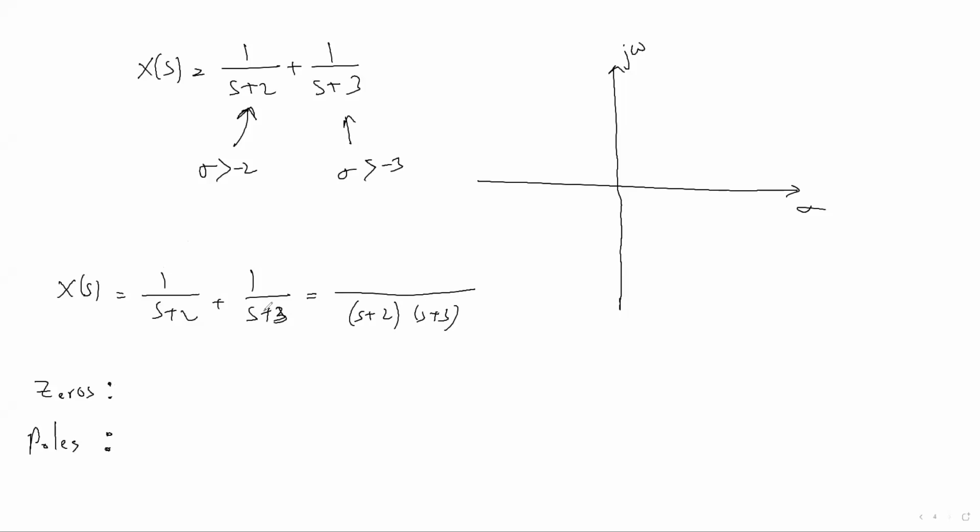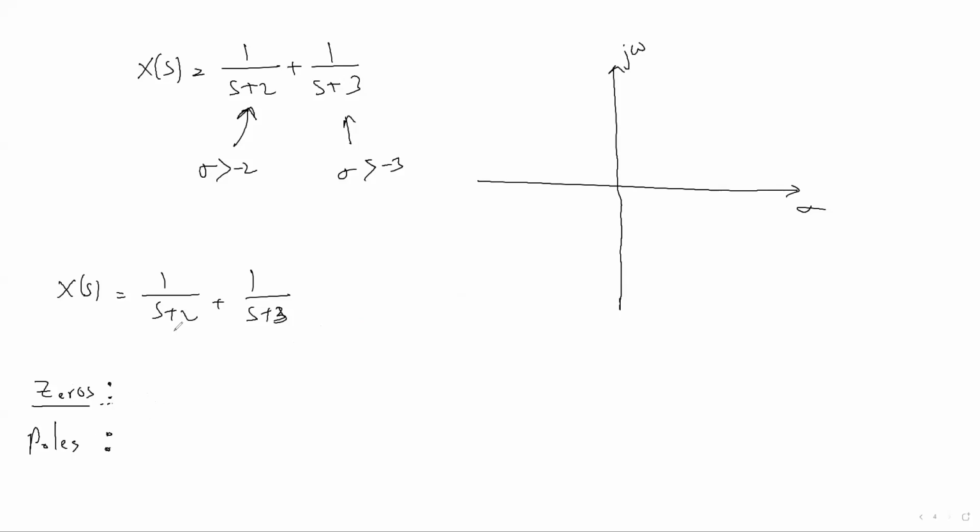No, no need to think about zeros, forget that. Why? I will explain. No need to find the zero condition, because to draw the ROC, you should know only the poles. I will give it as a note.